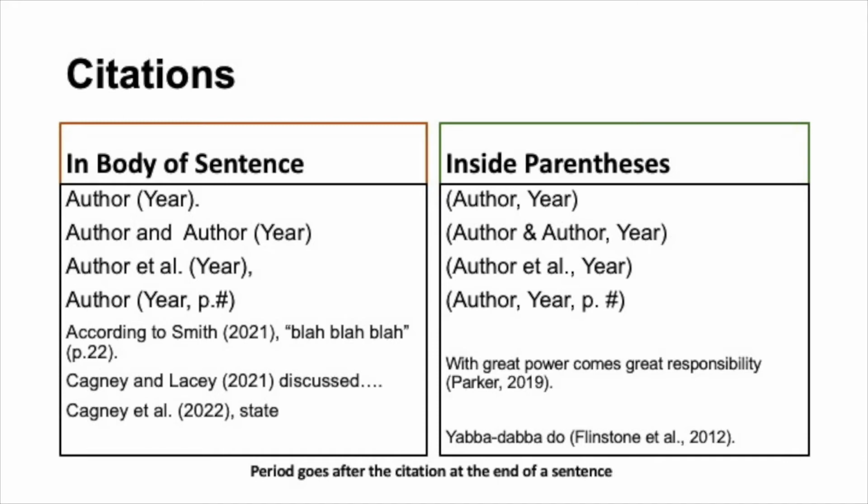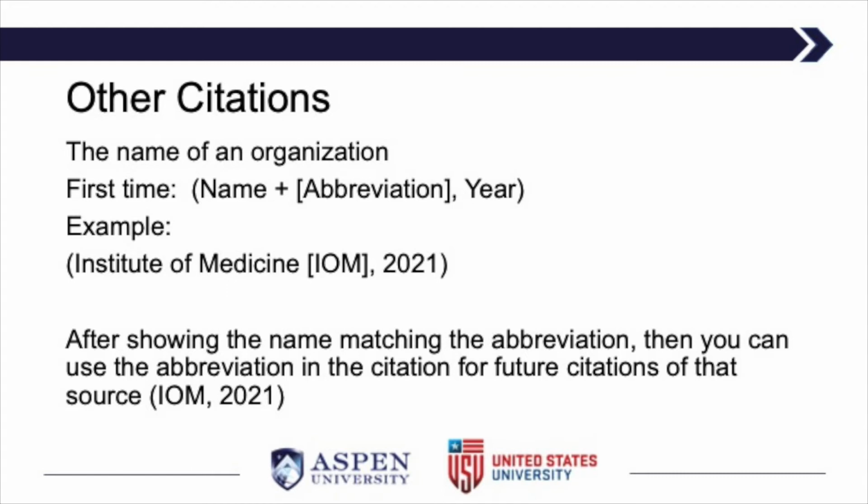Other citations you may run into is when you have a website or you have a group author. In this case, your citation would be the name of the author, for example, and then the year. Now, a lot of times people are using websites where the organization has an abbreviation like the Centers for Disease Control and Prevention or the National Institute of Health or many of the others that are abbreviated.